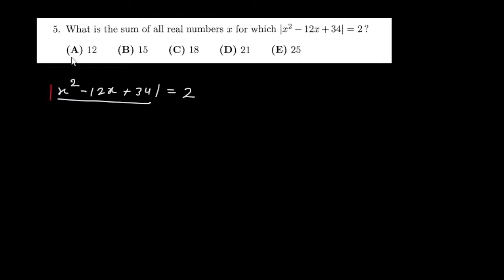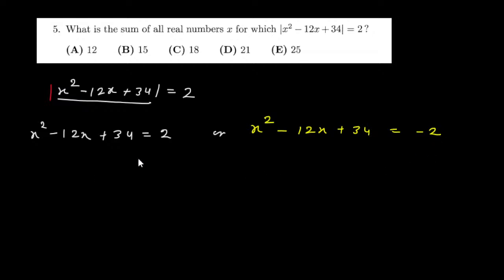So therefore we can say that this x² − 12x + 34 is either +2 or it is equal to −2. Now when it is +2, I simplify this first.